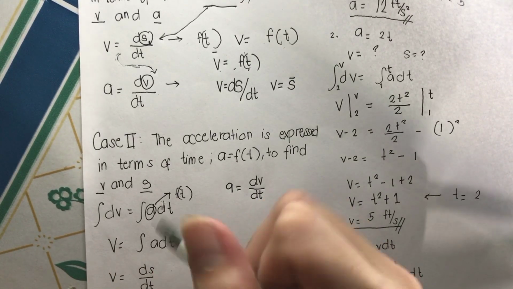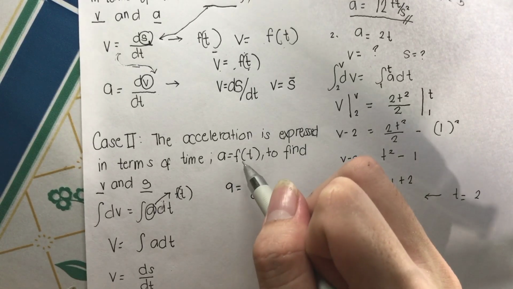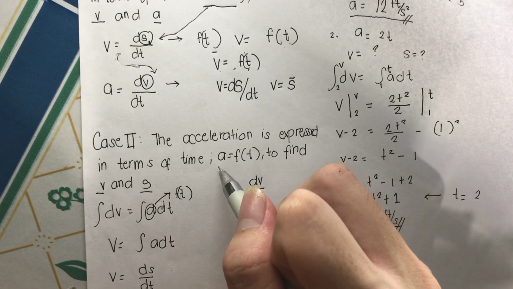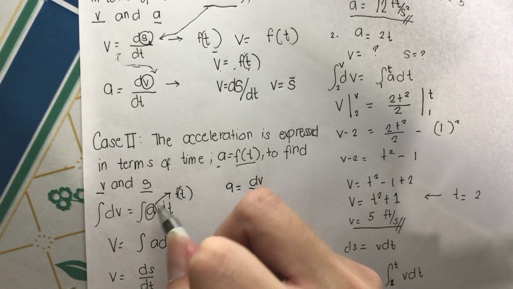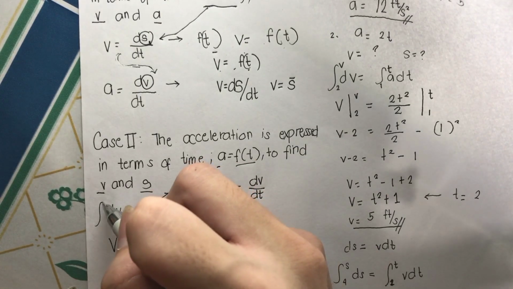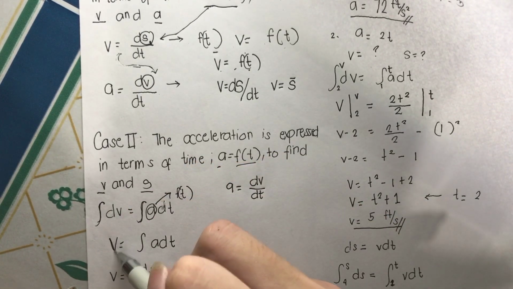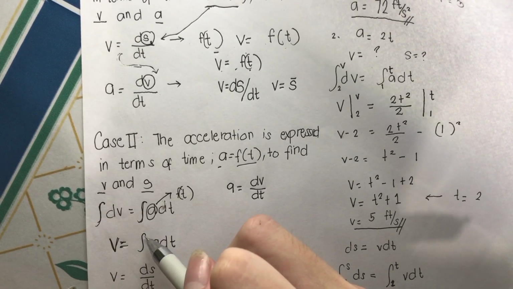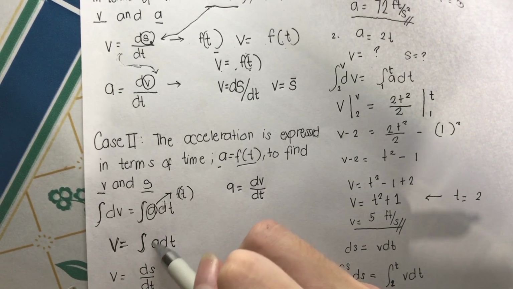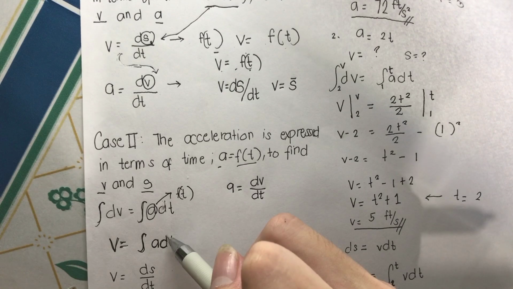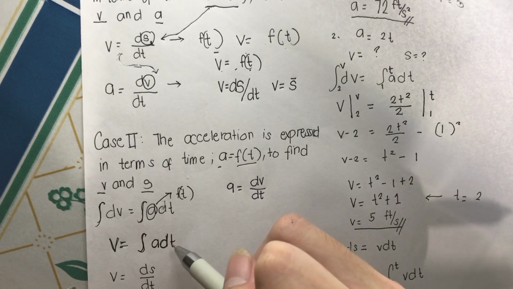We input the acceleration as a function of time here, and we integrate both sides so we can get the velocity. Velocity equals the integral of acceleration with respect to time.